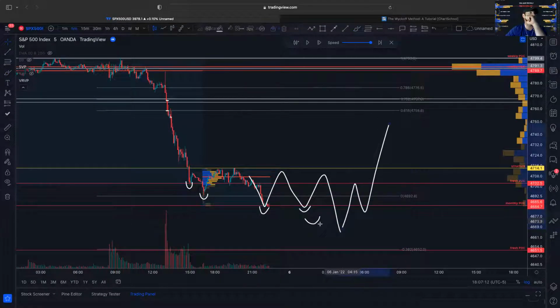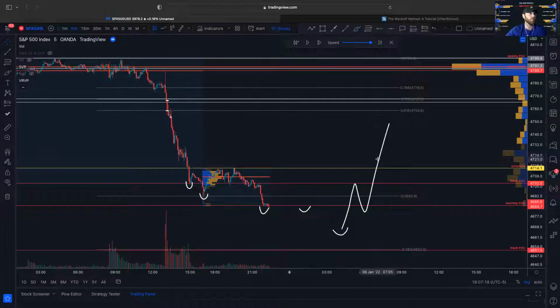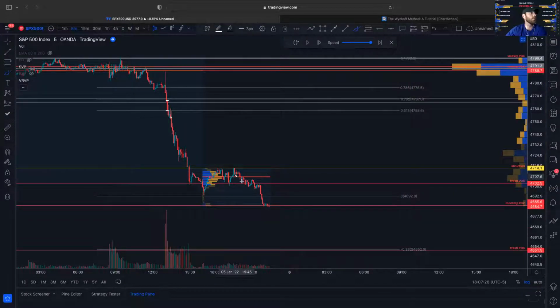Okay, I know this is dumb, but we just hit the monthly POC, and I am going to look to see if there's any divergence, because there probably is. There is volume divergence, so now we're continuing down, breaking lows without increasing in volume.